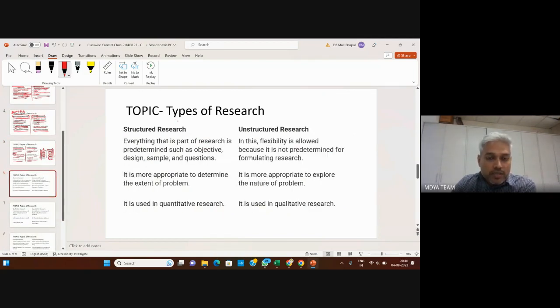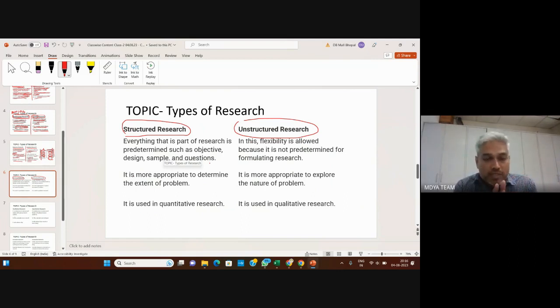Now there is another type. It is called structured research and unstructured research, right? In structured research, everything that is a part of research is predetermined, such as objective, design, sample, and questions. Structured research means everything is decided.